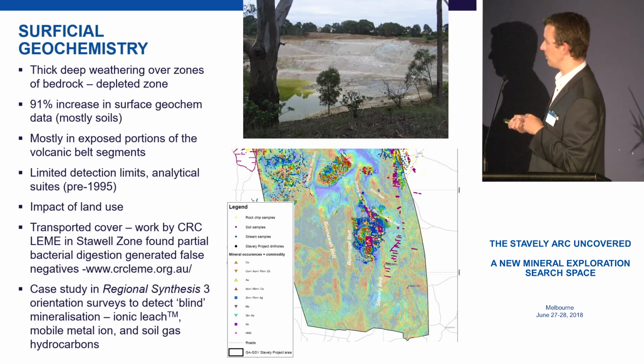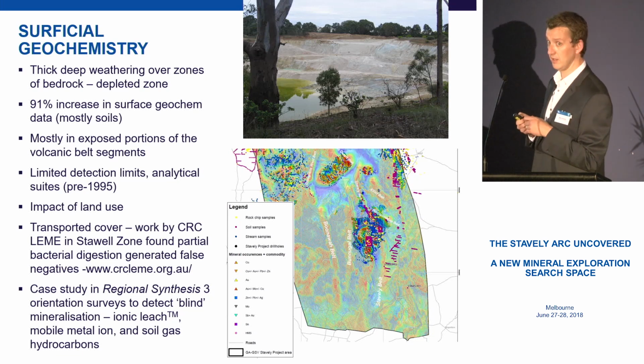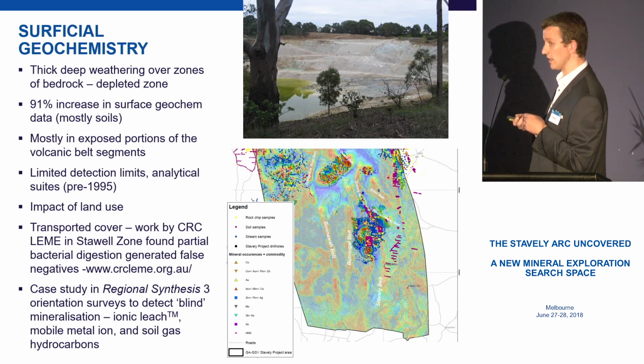That work applied ionic leach, mobile metal ion, and soil gas hydrocarbon work, and found pretty encouraging results at detecting that mineralisation above cover and at significant distances. So I direct you to the report to read about the results of that.